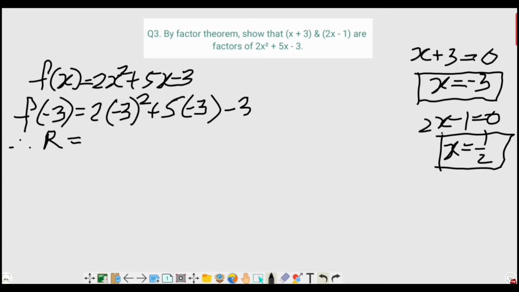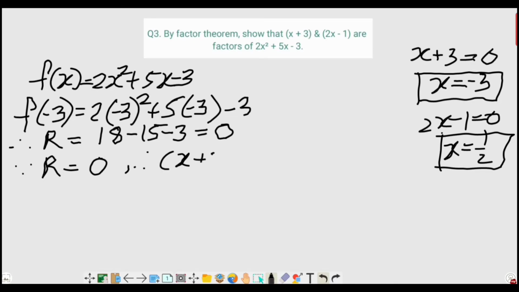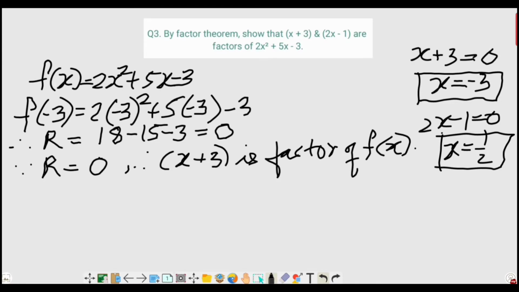This will be 18 minus 15 minus 3, which is equal to 0. Since your r equals 0, therefore x plus 3 is a factor of f of x. This you can conclude based on the factor theorem, which we have discussed earlier.